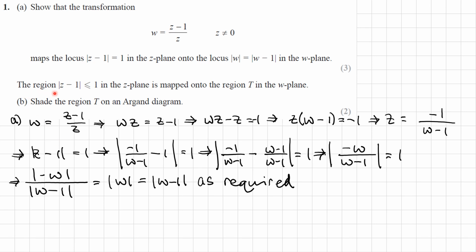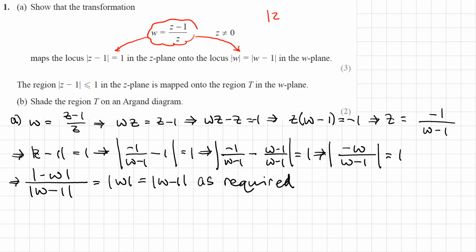The region the modulus of Z minus 1 less than or equal to 1 in the Z plane is mapped to the region T in the W plane. Part B, shade the region T on the Argand diagram. Now we've just shown in part A that the transformation W will transform this locus into this locus.